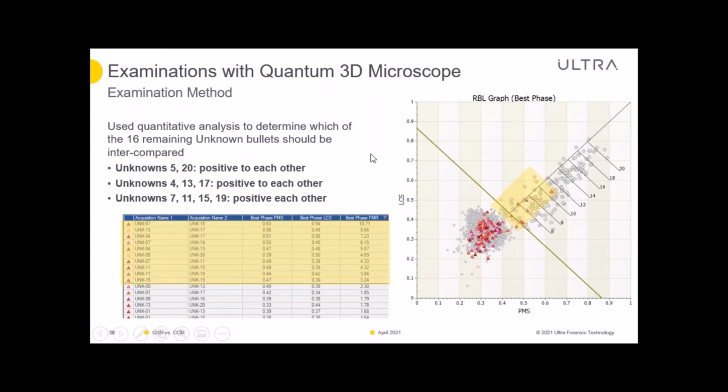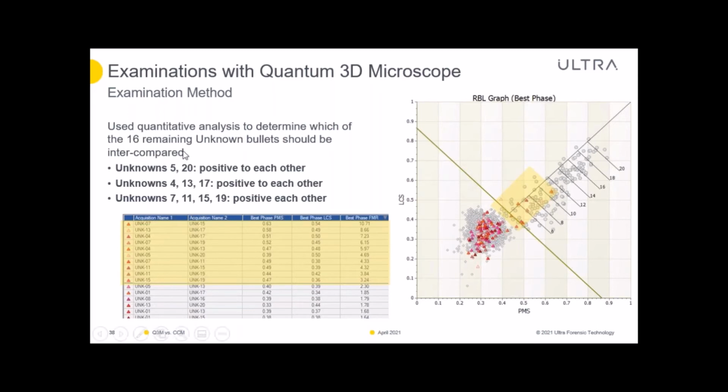And then I was able to positively identify unknowns 4, 13, and 17 as having been fired from the same firearm. And then the group of unknowns 7, 11, 15, and 19, which I made positive to each other, having been fired in the same firearm.